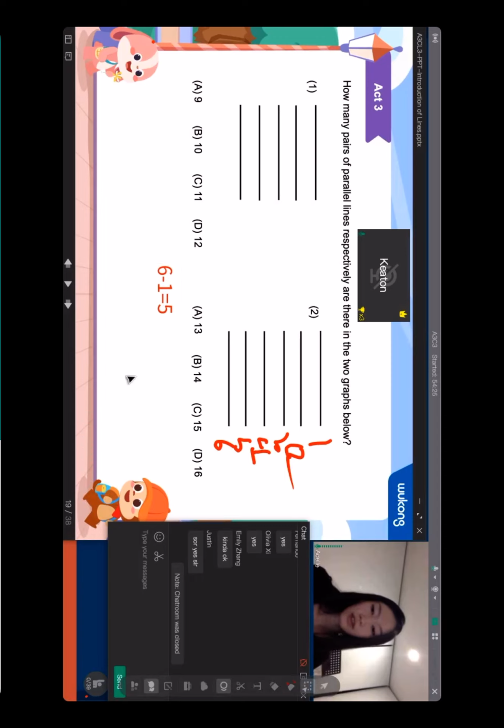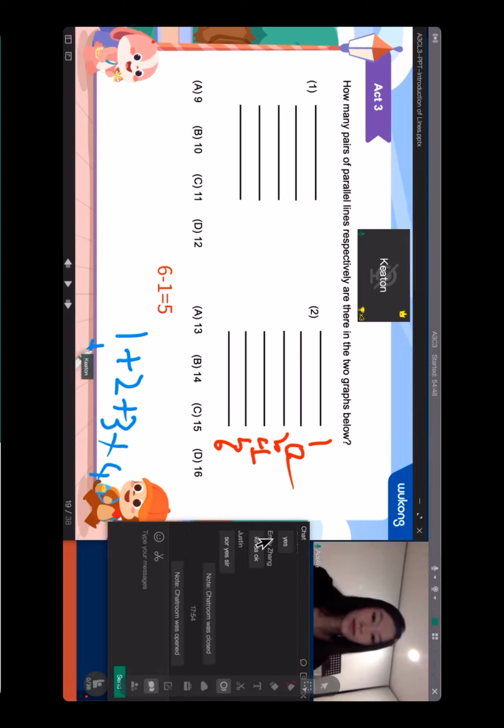I'll move it to the center here. And then it'll be up to 5. And then 1 plus 2 plus 3 plus 4 equals 10. 10 plus 5 equals 15. Good job. Thank you so much.